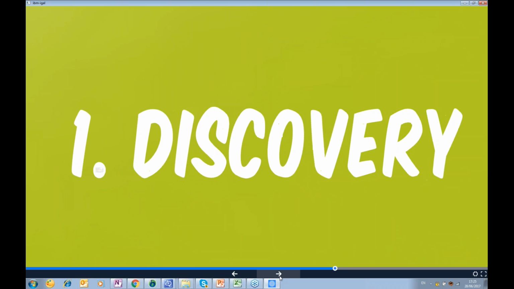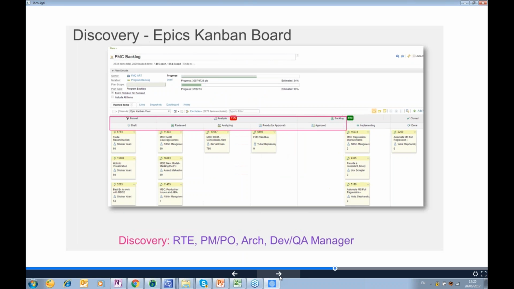Let's start with the discovery. As you remember, it's at the program level, where the RTE, the product and R&D directors, and the architects sit together on a weekly basis and try to build the pipeline for the backlog. As you can see here, we have a Kanban board, like a funnel, starting with a draft.